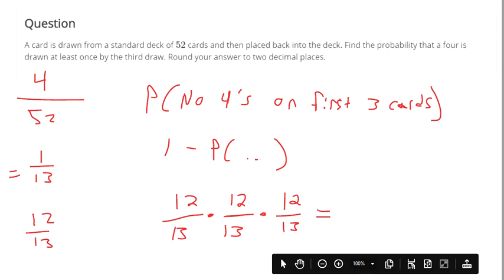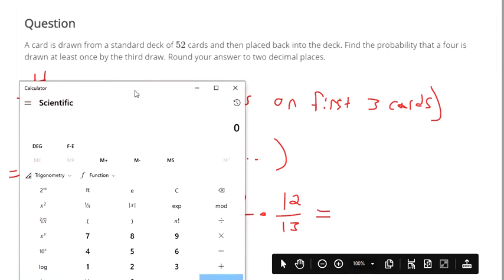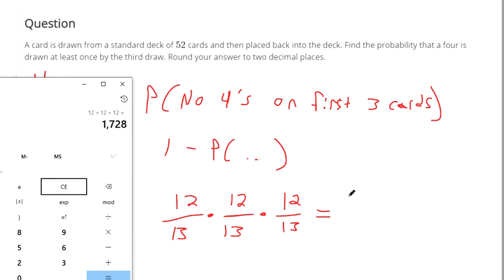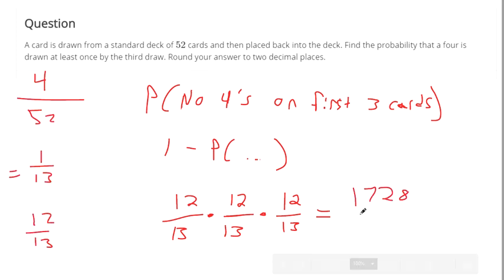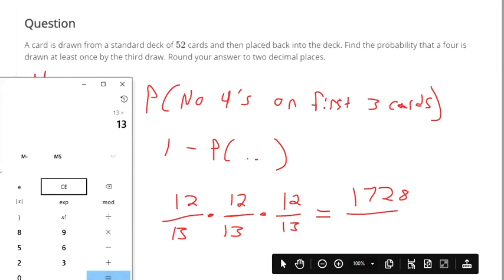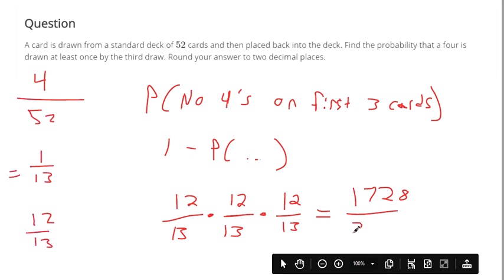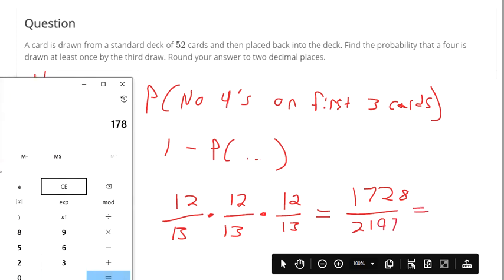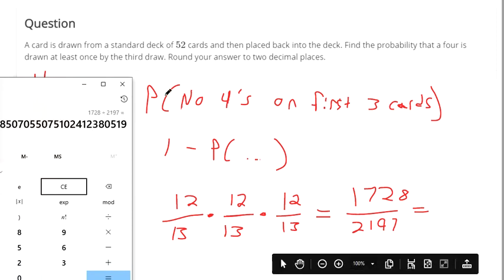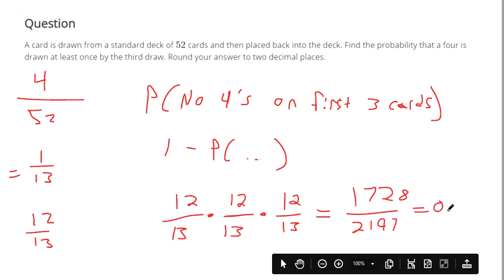If we do that out, we can have decimals in this one too, so that'll be useful. Multiply straight across the top, and then multiply straight across the bottom. That gives 1728 over 2197, which as a decimal is 0.7865.